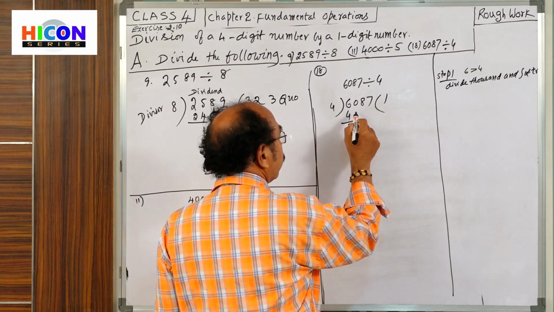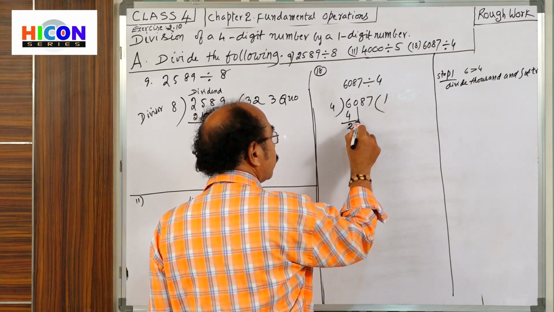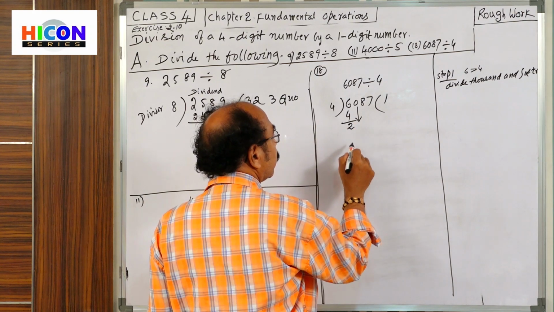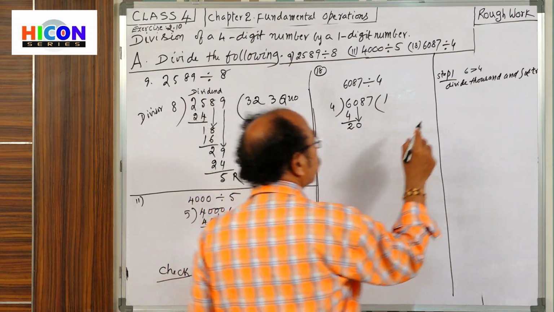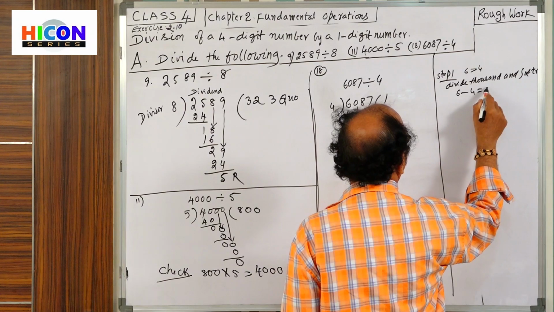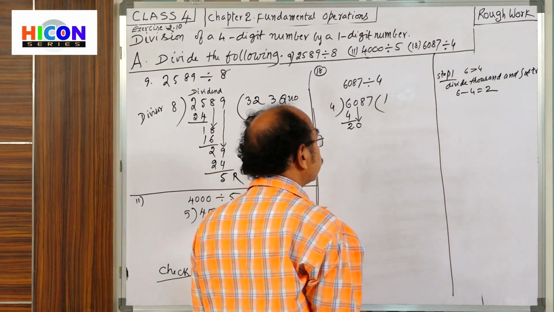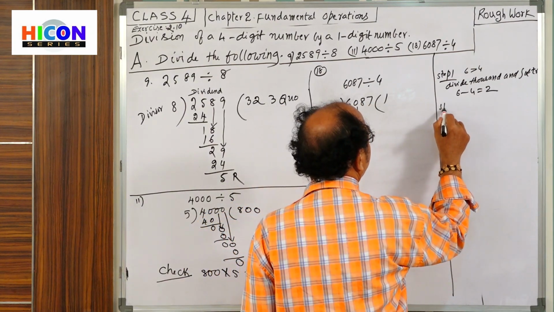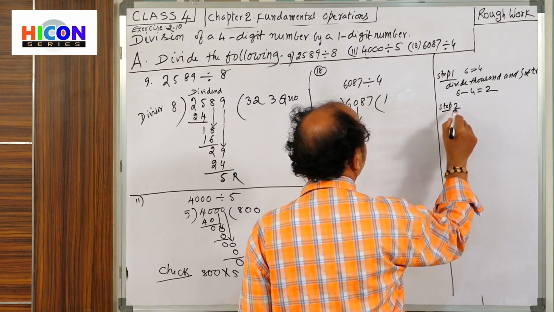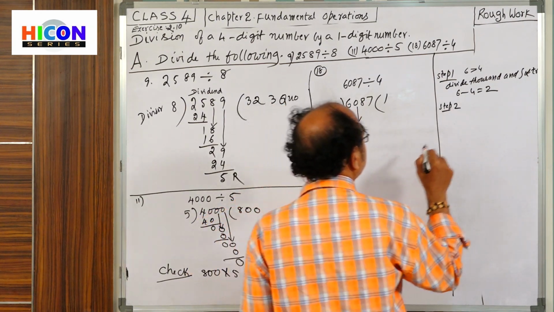Now bring down 0. So here 6 minus 4 is equal to 2. Now step 2, bring down 0.